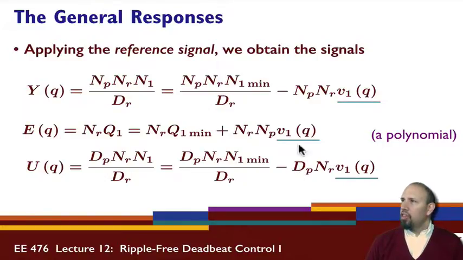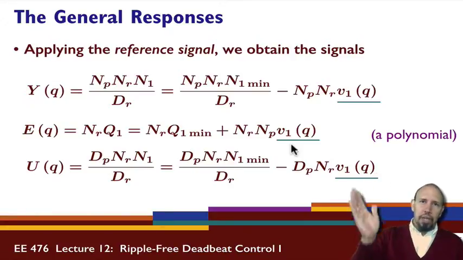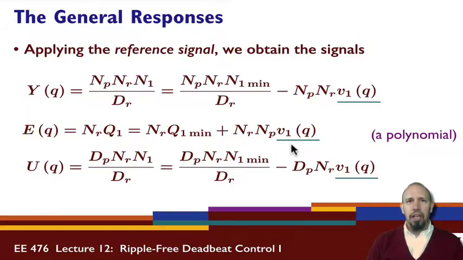So these terms only affect the transient response, and as a result, these are excellent things that we can use to work with the performance of the system, because the performance is primarily concerned with the transient response. So when you apply a step input, what kind of overshoot are you getting? What kind of settling time are you getting?